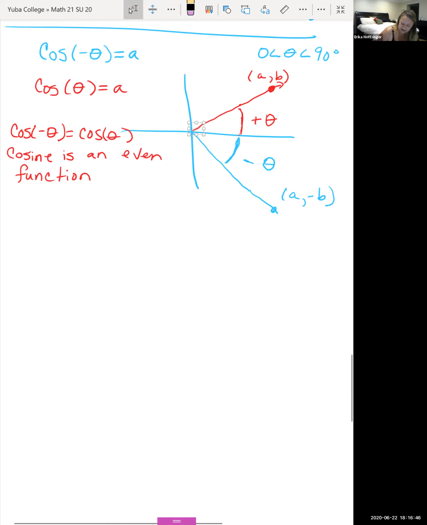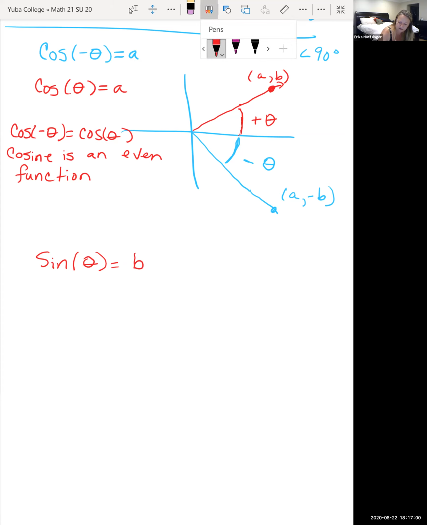So sine of positive theta, assuming that we're on the unit circle, is your b value. But sine of negative theta is negative b.